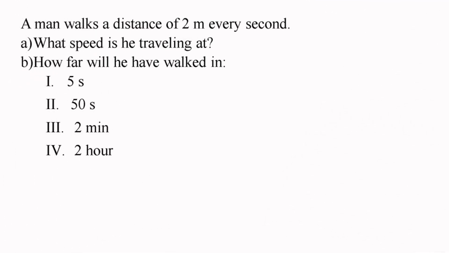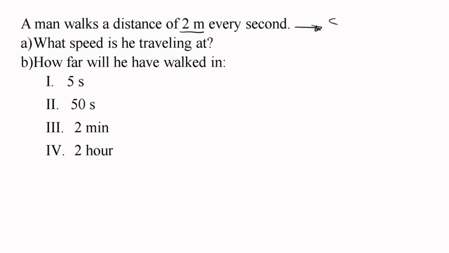Here we have a really simple example, but I don't know why most of the students solve it wrong. Probably they have a problem with its concept. A man walks a distance of 2 meter every second. What is it telling you? When someone passes 2 meter every second, it's telling you the speed, right?